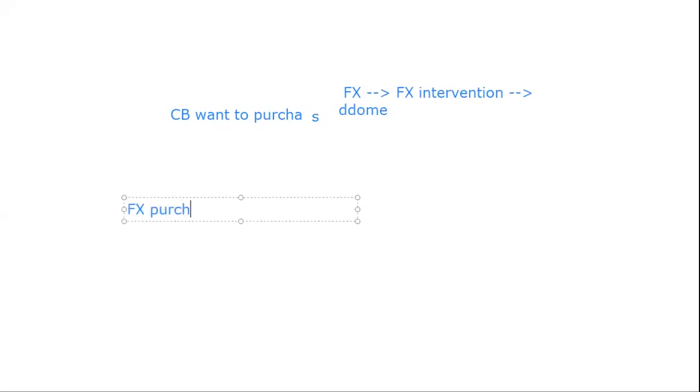The foreign exchange purchase leads to the domestic currency going up.